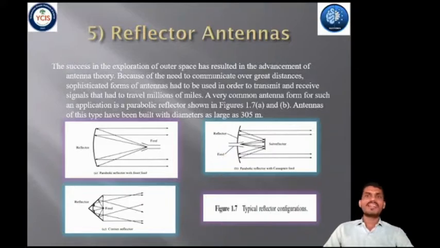A very common antenna for such applications is a parabolic reflector antenna. This is parabolic reflector antenna, which is shown in this figure. Now antennas of this type have been built in diameters as large as 305 meters.